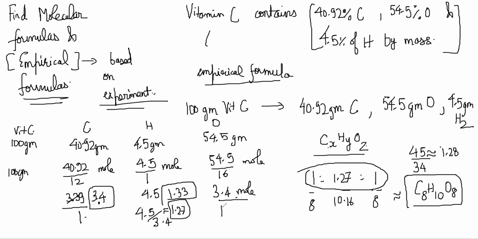So this sort of a formula that you're guessing based on the percentage composition of a substance and the mole ratios that you're getting from there, once you are guessing this, the formula is called an empirical formula. This is not necessarily the real formula. Instead of being C3H4O3, it could also be C6H8O6, right?